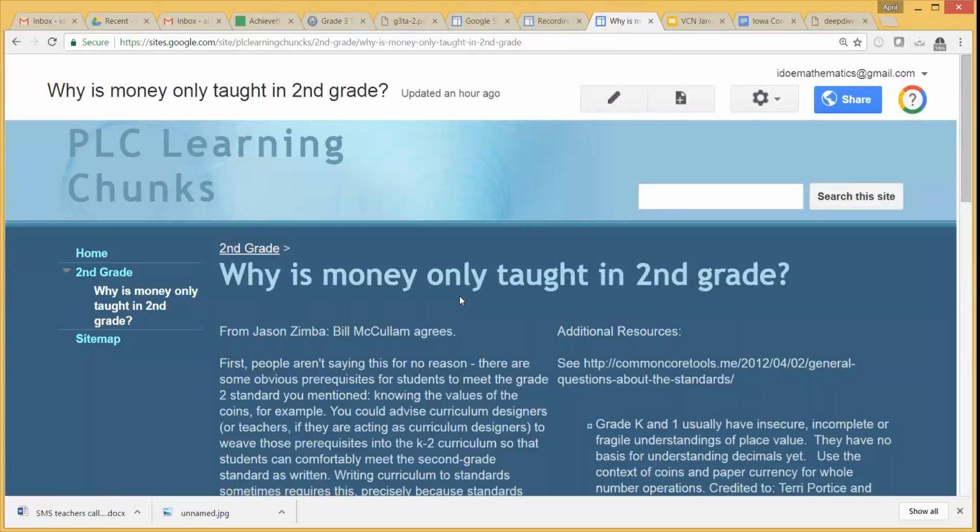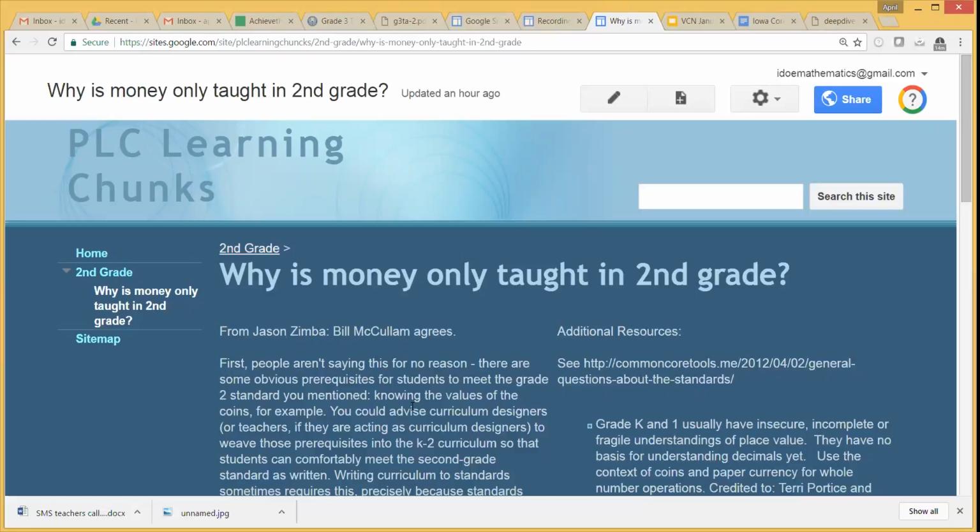And when I get a question from an AEA consultant, or from an instructional coach, or a teacher, or whoever sends it to me, and I don't really know, like this one, I was like, well, why is money only taught in second grade? And I thought, that's an interesting one. And I think that would be best answered by Jason and Bill. So I just emailed them, and they emailed me back.